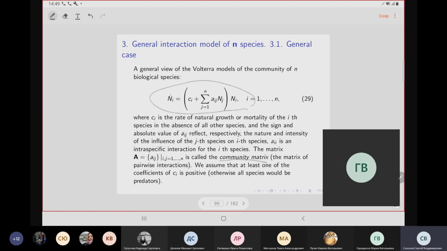First of all, let us assume that at least one of the coefficients Ci is positive. Otherwise, all the species would be predators, and they should go extinct because there is no external support of the biomass. All our predators will go extinct. It's quite natural.